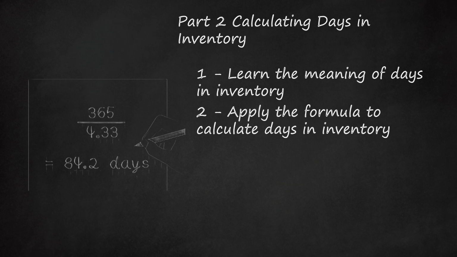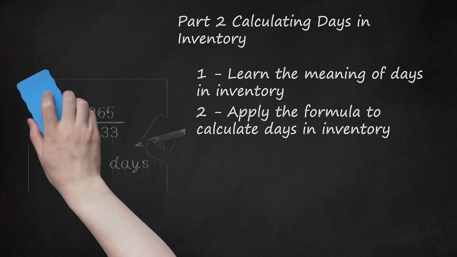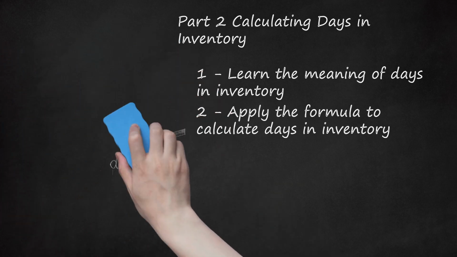Since the accounting period was a 12-month period, the number of days in the period is 365. Calculate the days in inventory with the formula 365 ÷ 4.33 = 84.2. It takes this company 84.2 days to sell its average inventory.